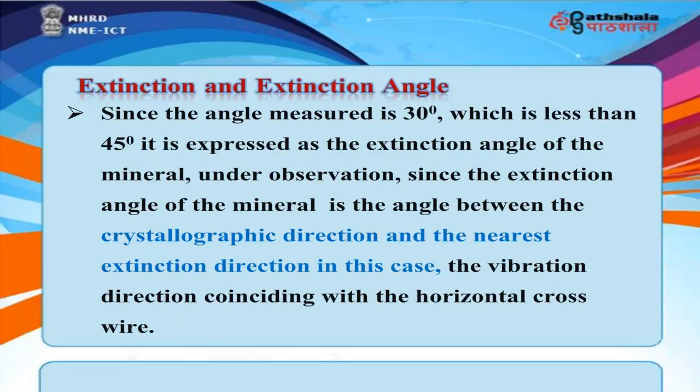Since the angle measured is 30 degrees, which is less than 45 degrees, it is expressed as the extinction angle of the mineral under observation, since the extinction angle of the mineral is the angle between the crystallographic direction and the nearest extinction direction, in this case the vibration direction coinciding with the horizontal crosswire.